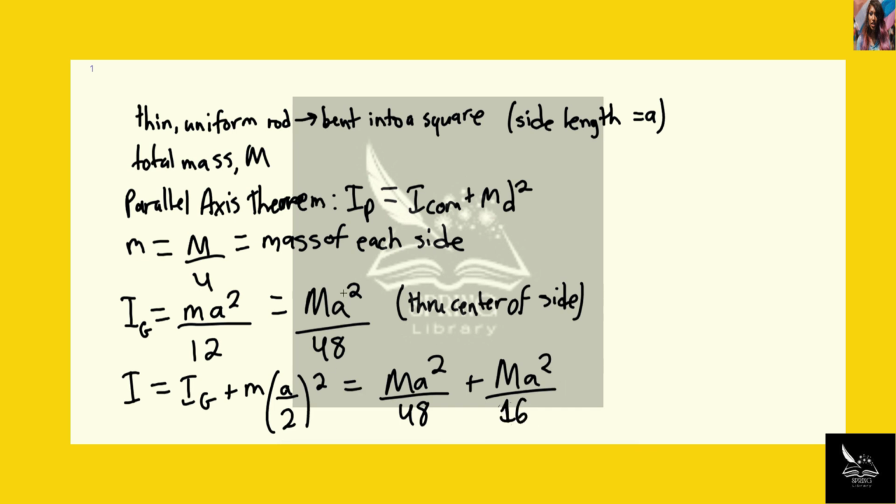So we found the moment of inertia through the center of a side, or through the center of a rod, and then we used the parallel axis theorem in order to find the moment of inertia of each side about an axis that is through the center of the square and perpendicular to the plane of the square. This is going to give us Ma squared over 12.